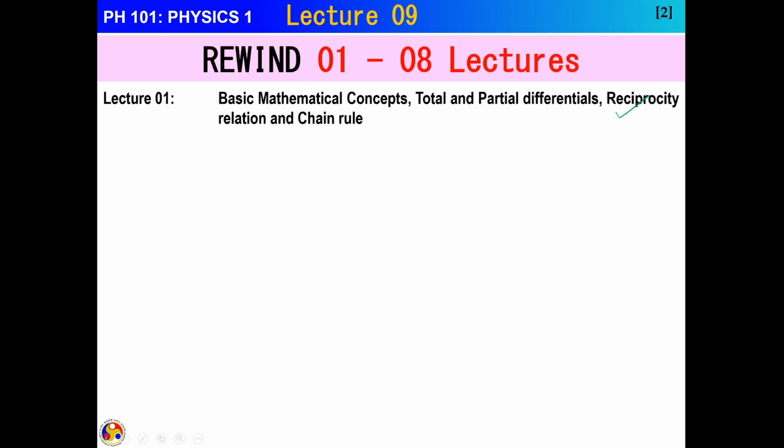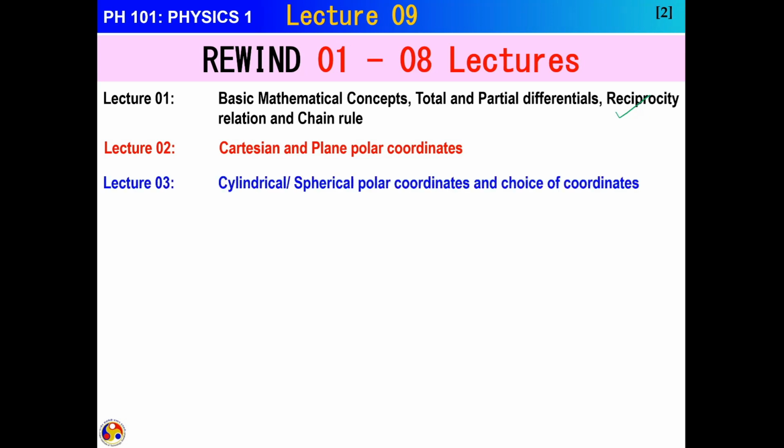In lecture 2, the Cartesian and plane polar coordinates were introduced. And in lecture 3, the cylindrical and spherical polar coordinates were introduced. And then we also explained the choice of coordinates that you have to consider for solving the problem.